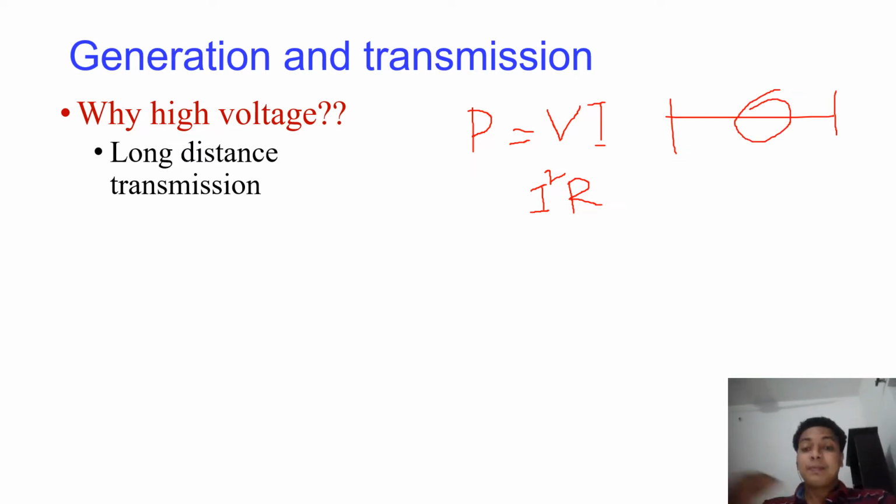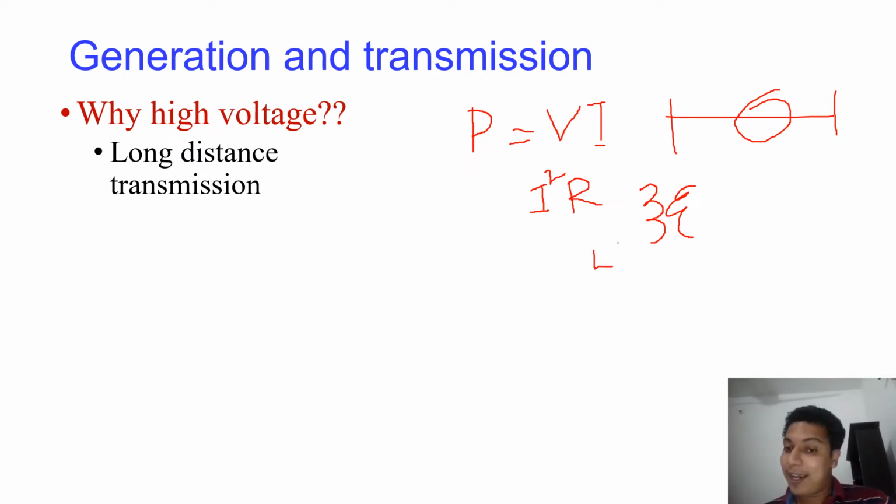So under such condition, what will a transformer do if we add a transformer on one side of the transmission line? Power is usually generated at low voltage only. We will see why it is so. Once it is generated at low voltage and we convert it into high voltage, what will happen? In a transformer your power remains constant, right?